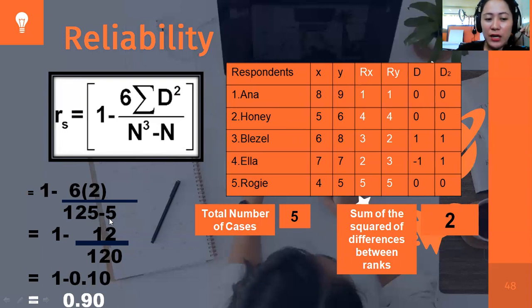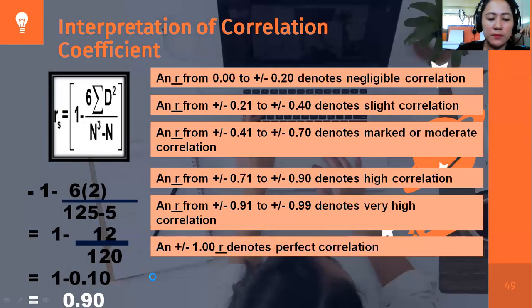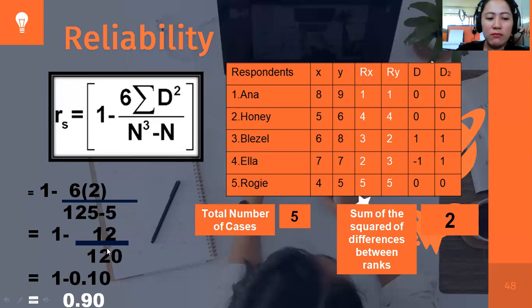That's why 125 minus 5 is 120. So it equals 1 minus 12 over 120. Because 12 over 120 is 0.1, 1 minus 0.1 is 0.9. So this is our coefficient.